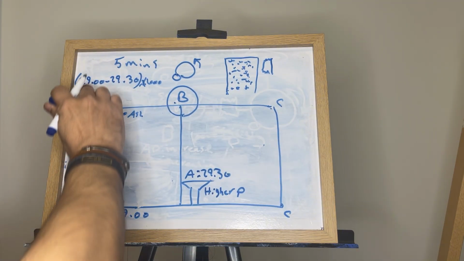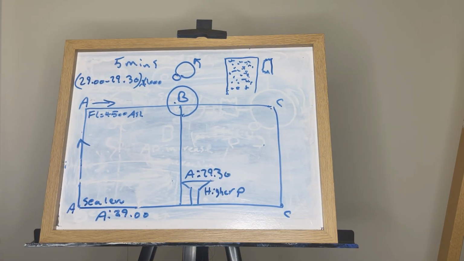So 29.00, the local pressure at the station where you took off, minus 29.30, multiplied by 1000, equals 300 feet.